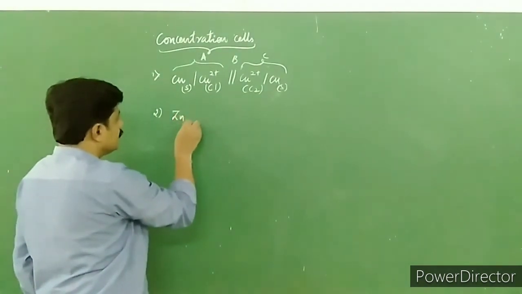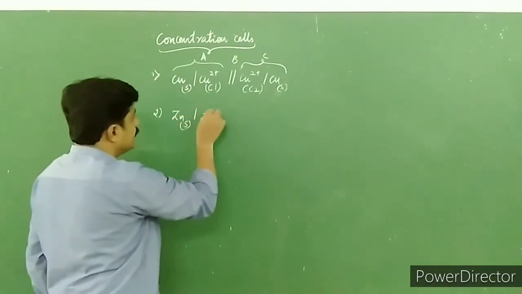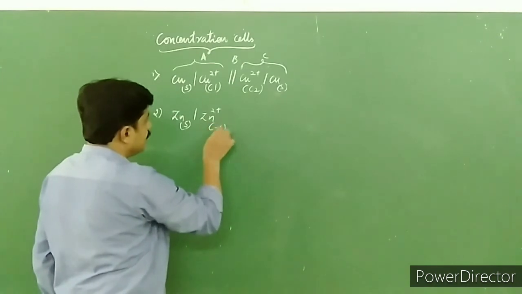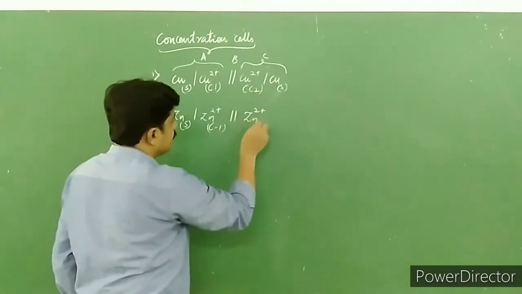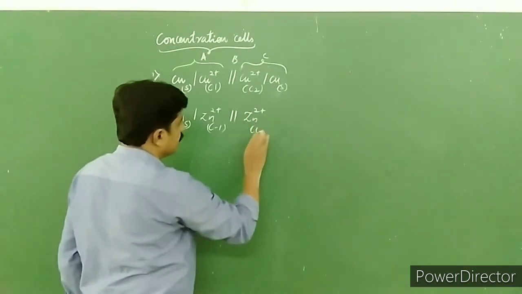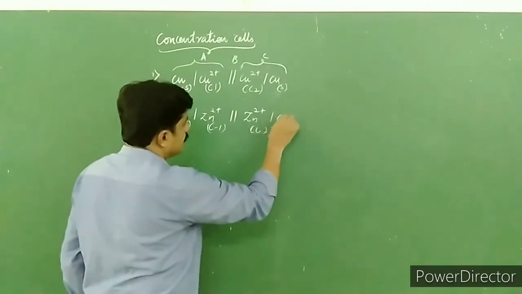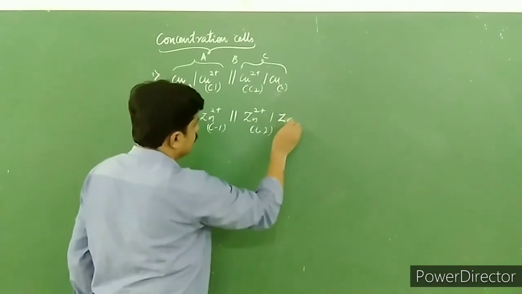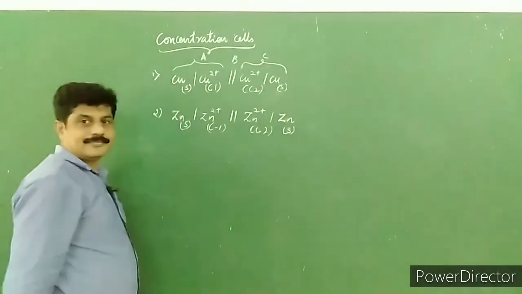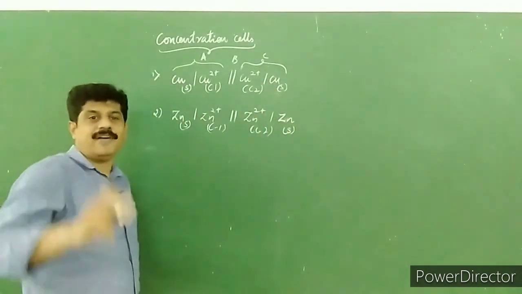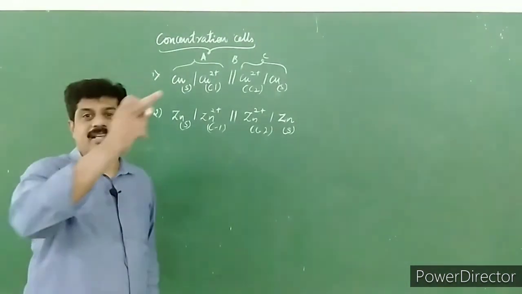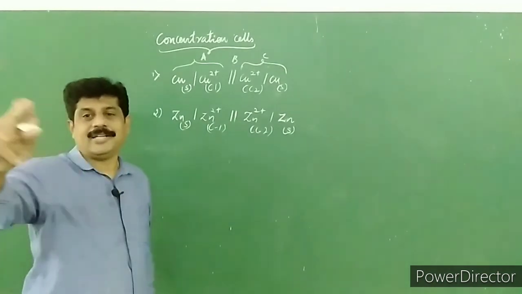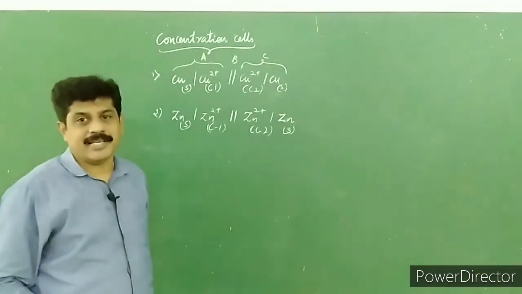Let me quote one more example. Zinc solid bar Zn2 plus C1 double bar Zn2 plus C2 bar Zn solid. Children, you can find out the electromotive force or the cell potential for a concentration cell at 298 Kelvin by using an expression.